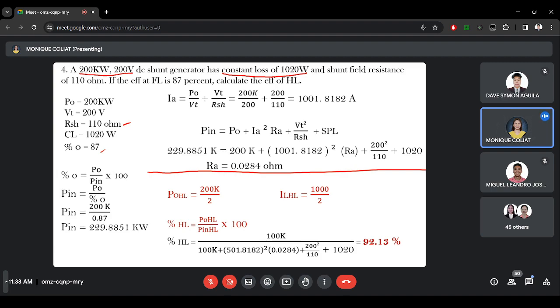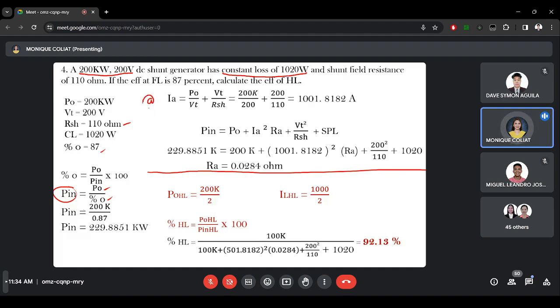Okay, so now that we have that input power, write the formula in getting the input power. This is the circuit of a shunt generator. This is your shunt. We have here RA, RSH, the load, ISH, IA, EG. Okay.